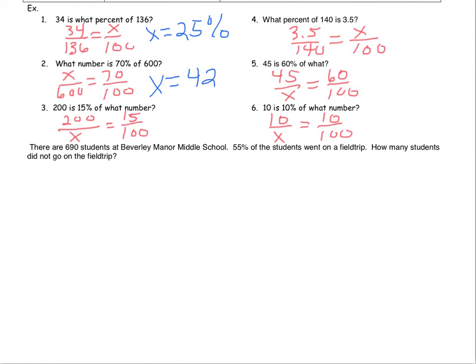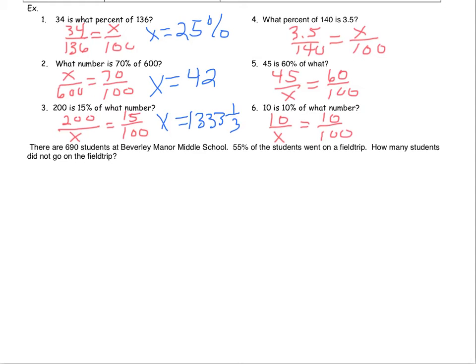Number 3, 200 is 15% of what number? So this time I'm looking for the whole. So that is x goes in the denominator. Cross multiply and divide. And you should get approximately 1,333 and 1/3, or 1,333.3 repeating.